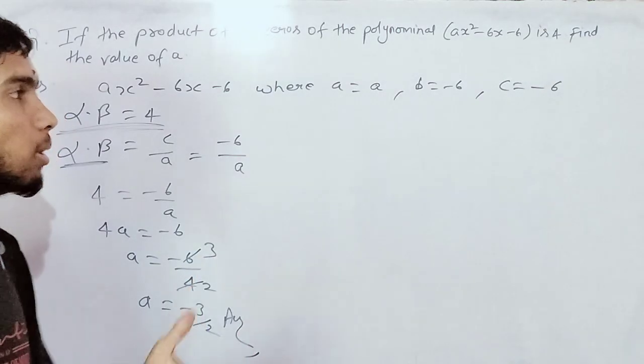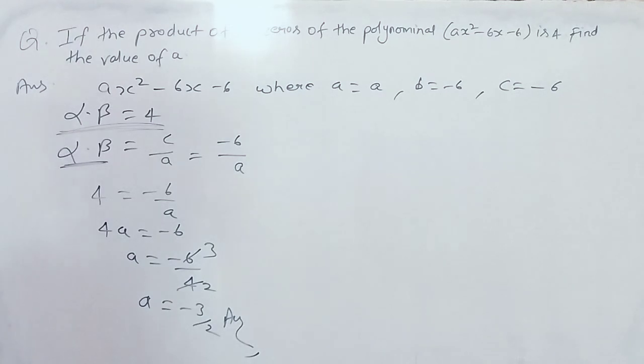You were given the value of the product of the zeros, which was 4, and we put it in this formula, since we already knew that the product of alpha and beta is equal to c upon a.